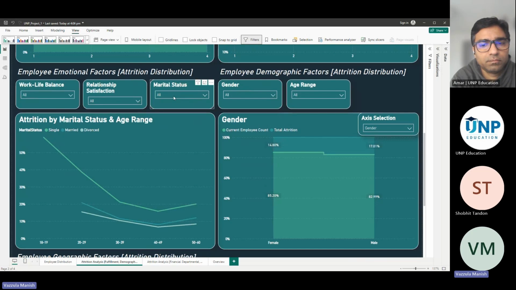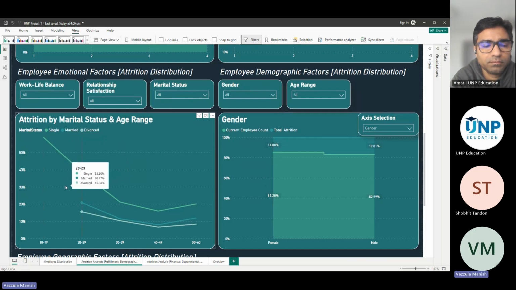So we see here by this graph that single people are way more likely to leave the company, as you see the distance between these graphs, and married people come next and divorced people have the least attrition rate. This might be because single people currently do not have that kind of responsibility holding them down, and they are available to try it out of the company and search for better opportunities.